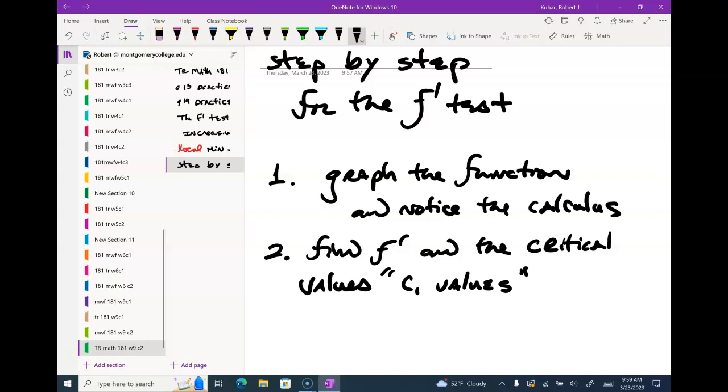C2 values, right? So there are critical values of the original function as well, where the original function is undefined, where the original function hits a 0, right? So talking about the domain and the roots. So when we go first derivative test, I call them C1 values. When we do second derivative test, I call them C2 values. In Calc 2, you'll find a fourth derivative or something.